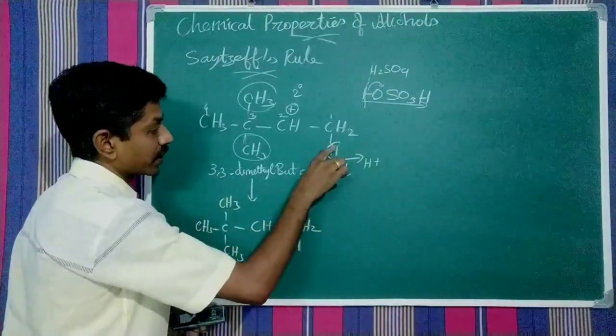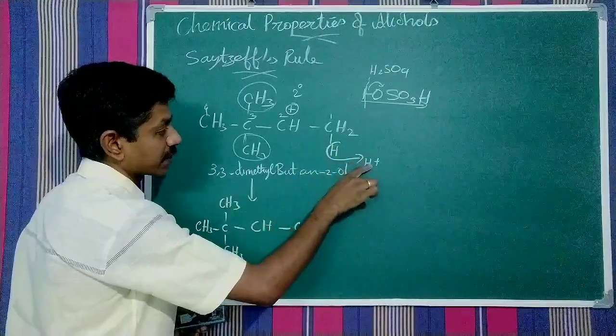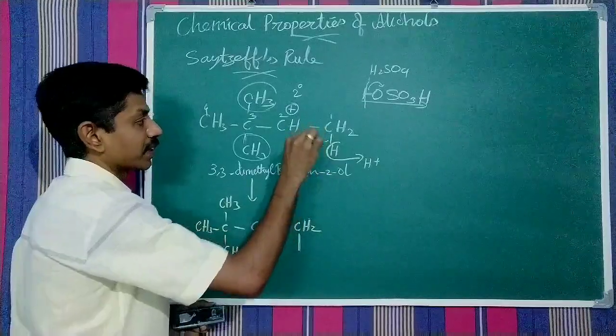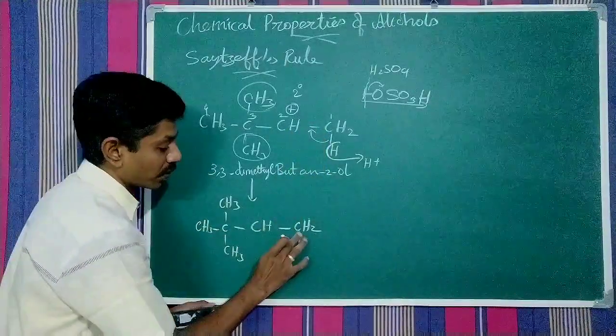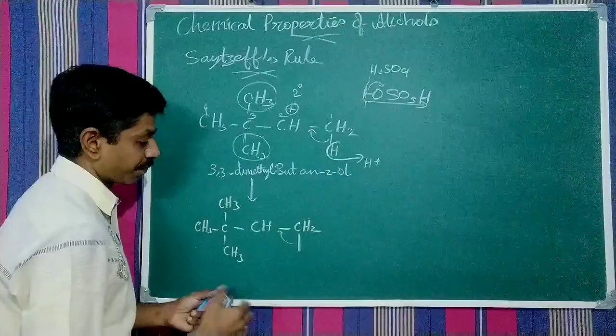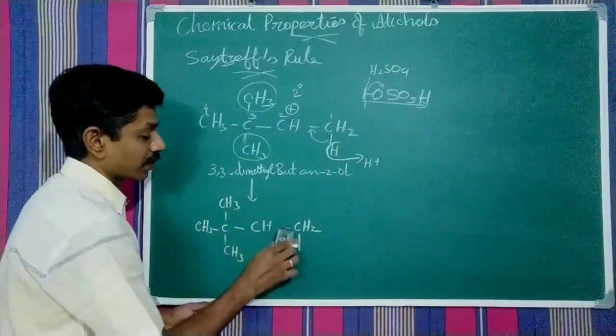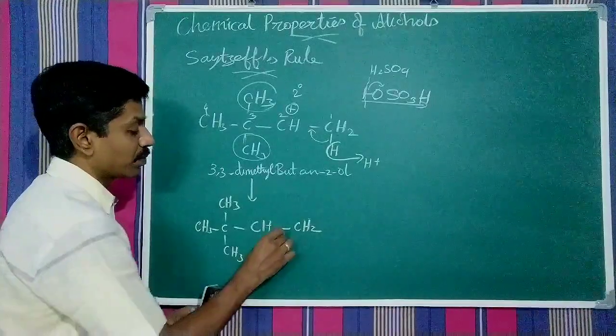Since the hydrogen goes without its electron, it goes as H plus, deprotonation. This pair of electrons can come here to the bond. If this gets shifted here, then obviously the positive charge will get neutralized. Then you will get a new bond, a double bond will be formed.